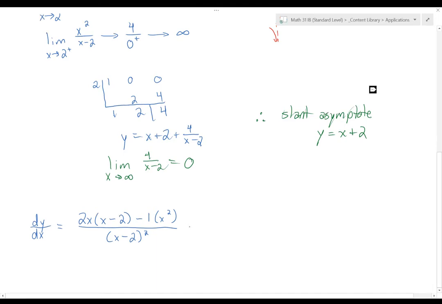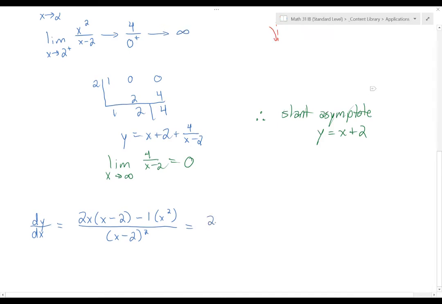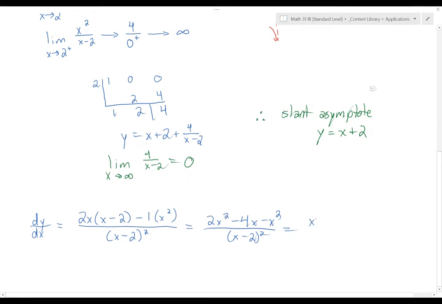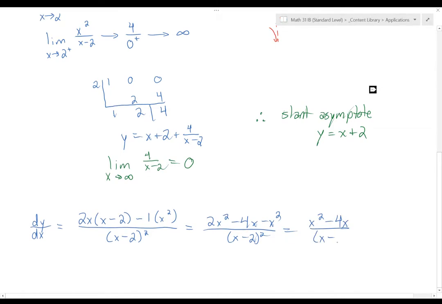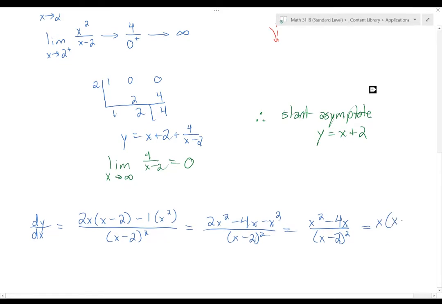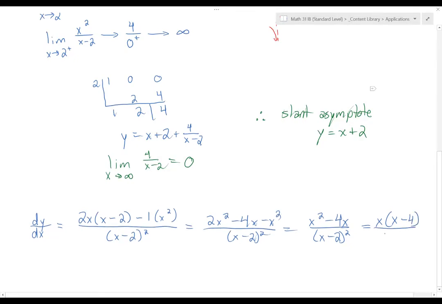So we have, this is 2x squared minus 4x minus x squared over x minus 2 all squared, which means that I have x squared minus 4x over x minus 2 all squared. This is the form I'm going to use for my second derivative, but I'm going to go one step further and factor for critical values here.